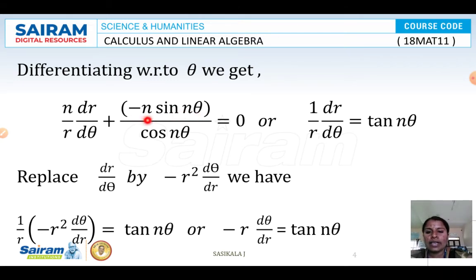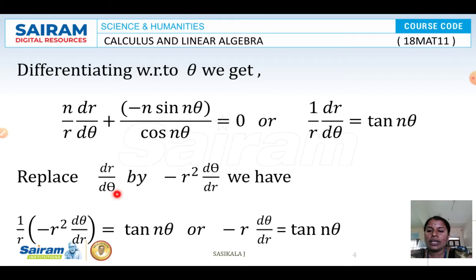So minus n sin n theta by cos n theta equals 0. The n cancels, so 1 by r dr by d theta is equal to minus sin n theta by cos n theta, which is a tan; the minus goes to the other side and it becomes tan n theta.